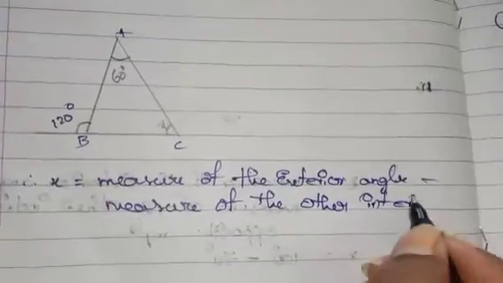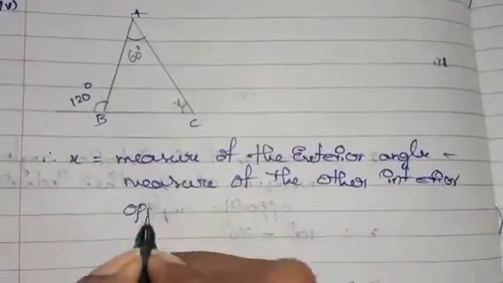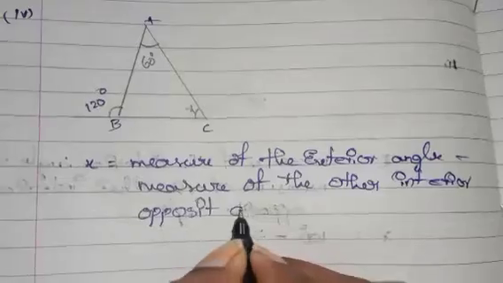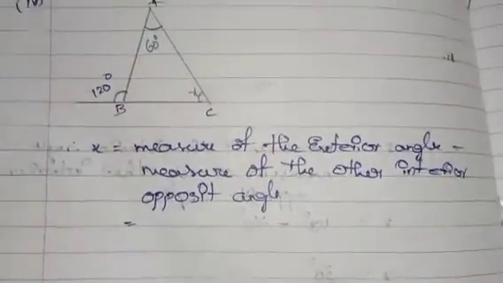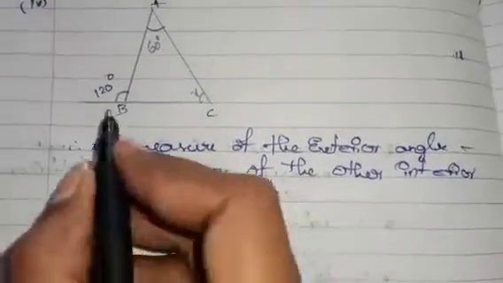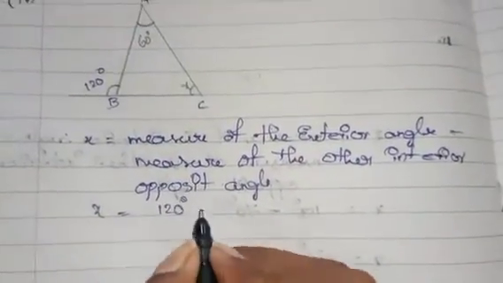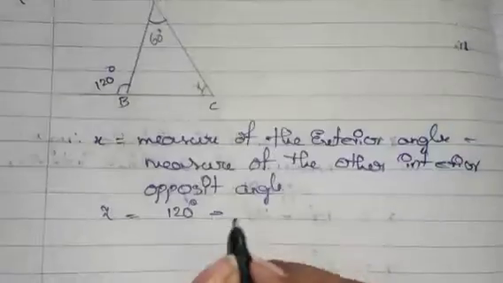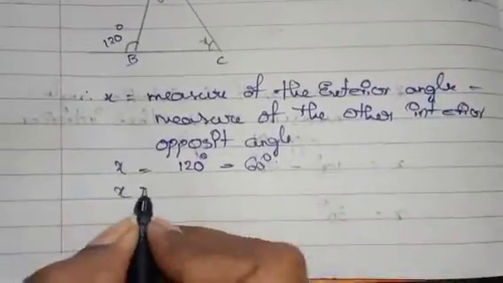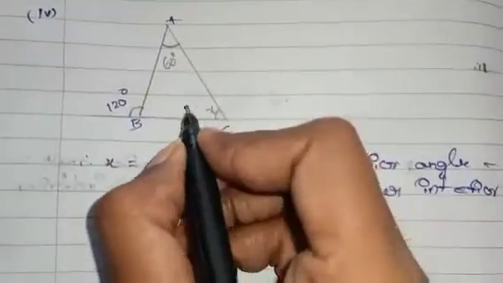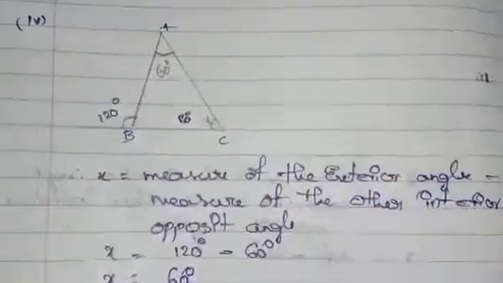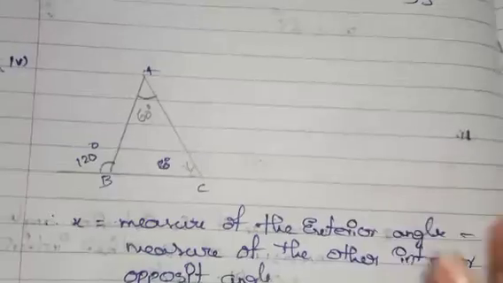So x is the exterior angle, 120 degrees, minus the other opposite angle, 60 degrees. That gives 60 degrees. This is the interior angle.